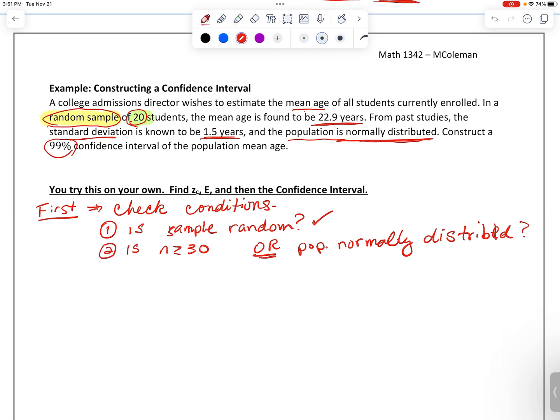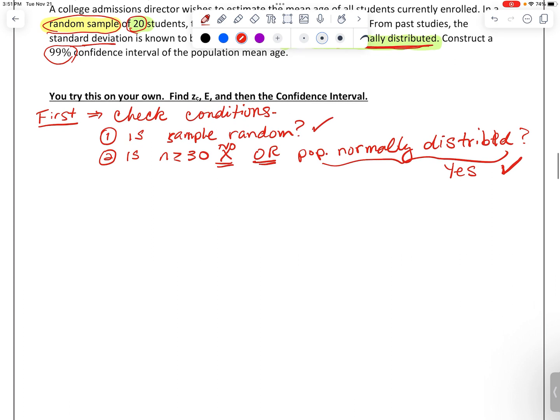So this is a no. That's a no. But it does tell me that the population is normally distributed. So in this case, this is a yes. So it checks. So now I can do the process. Okay. So it's okay to use my formula. And then the process.